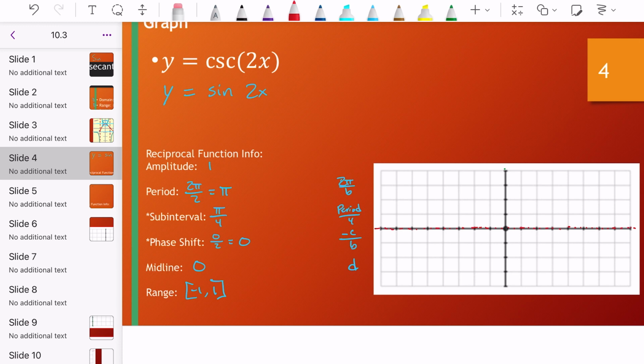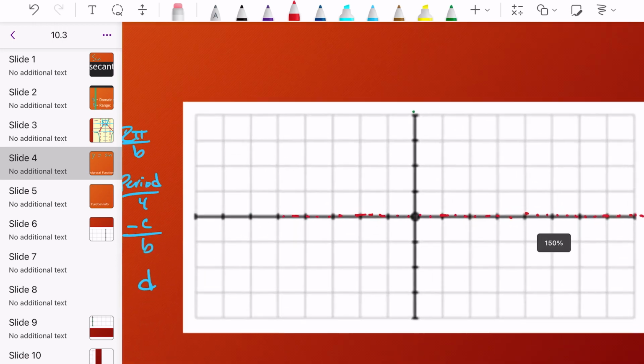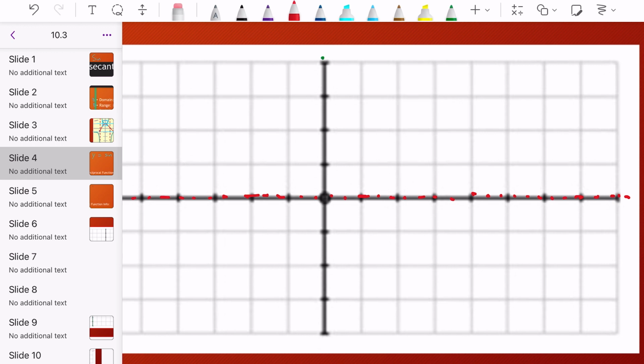Now, with us having a subinterval of pi over 4, that means that we will have pi over 4 at each one of these locations. So this would be pi over 4, 2 pi over 4, 3 pi over 4, 4 pi over 4.